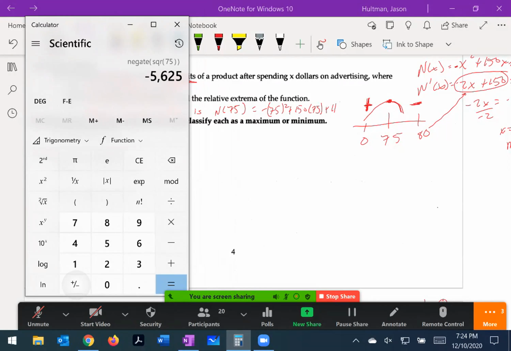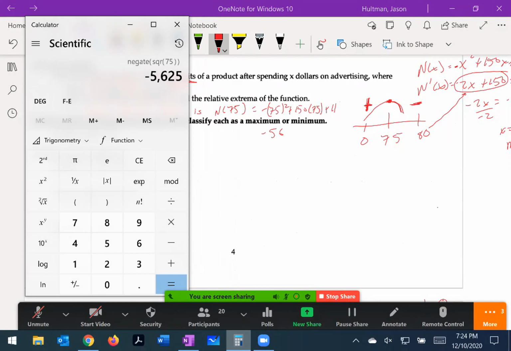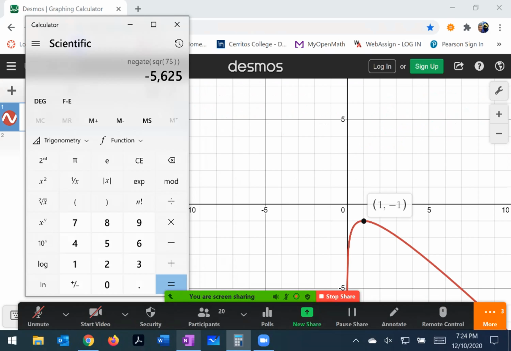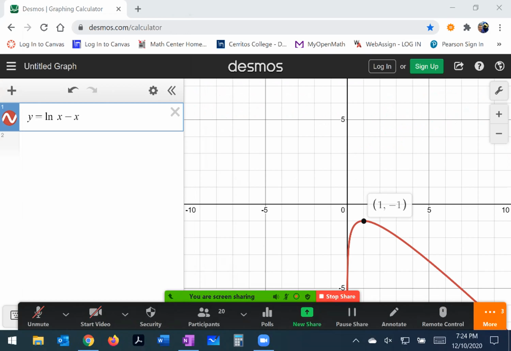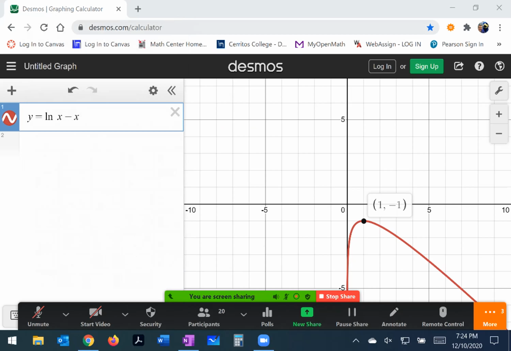So I'm going to negate that. So that's negative 5625 plus 150 times 75, which is 11,250.